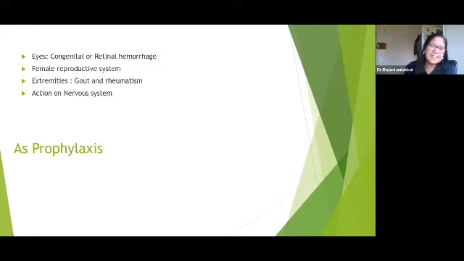And action on the nervous system, we already said. As a prophylaxis, we give Arnica in the case of tooth extraction to prevent bleeding before and after, and also in labor, we already said about it. But I heard a talk from Dr. George Vithoulkas, saying we can't give Arnica as a prophylaxis when we expect bleeding tendencies, like before a tooth extraction or before labor.